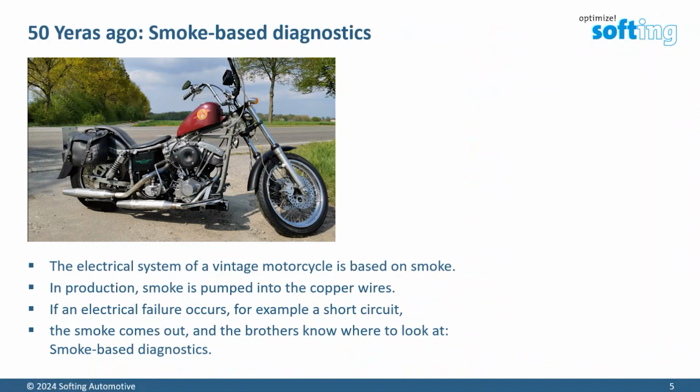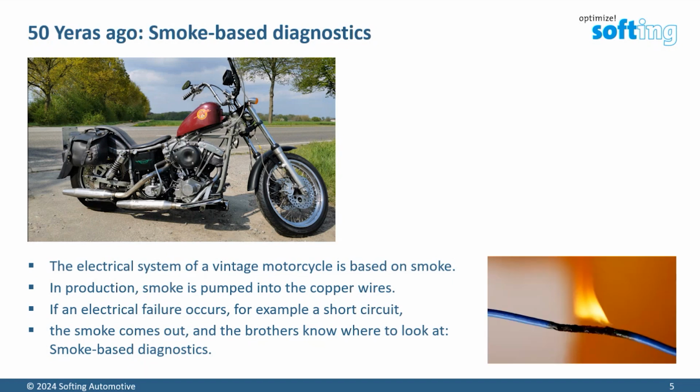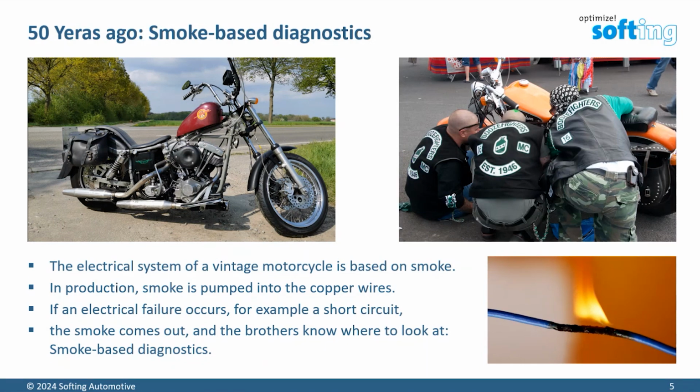So 50 years ago, we had smoke-based diagnostics. The electrical system of a vintage motorcycle is based on smoke because in production, smoke is pumped into the copper wires. If an electrical failure occurs, for example, a short circuit, the smoke comes out, and then the brothers know where to look. That is smoke-based diagnostic 50 years ago.